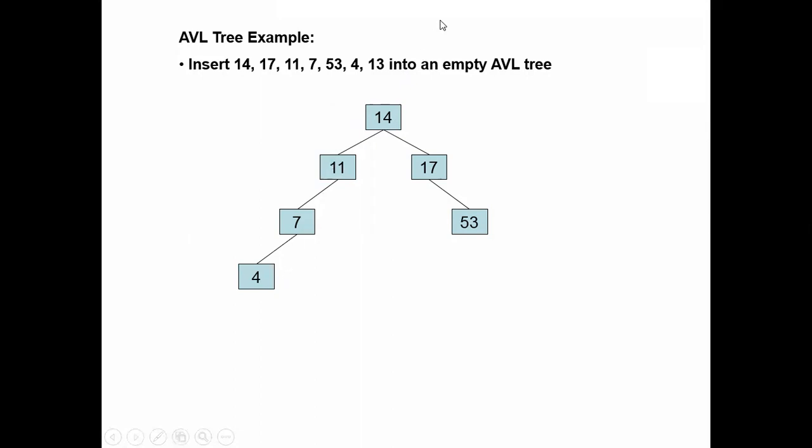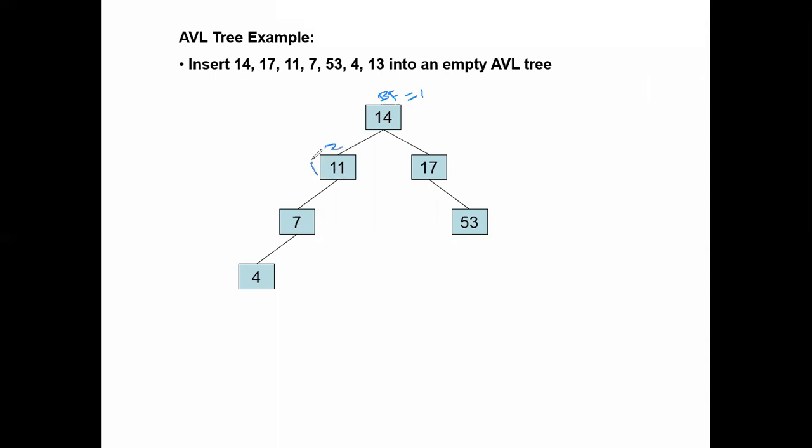The balance factor of 14 is 3 minus 2, that is 1. What about 11? The height of its left subtree is 2 and it doesn't have any right subtree, so it is 2 minus 0, that is 2.